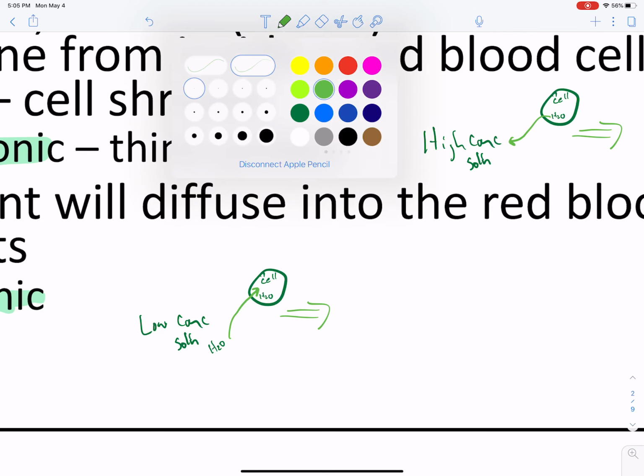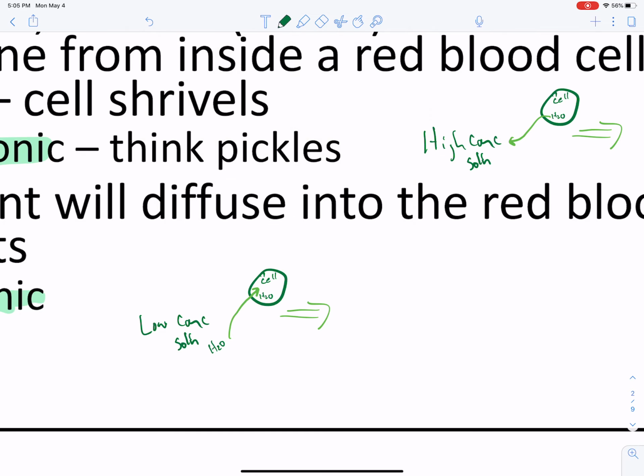And when that happens, now we have a higher concentration solution, and our cell is bigger, because now I've got a couple of H2Os in there.